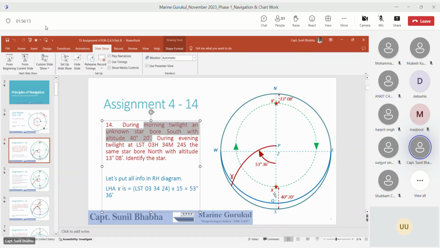So point X shows the morning twilight location of the star, right? Should it be on the south or on the east? Beta, when he says the star was bearing south, it has to be somewhere between Z and S. Bearing south is applicable only in this direction. Yes, yes.